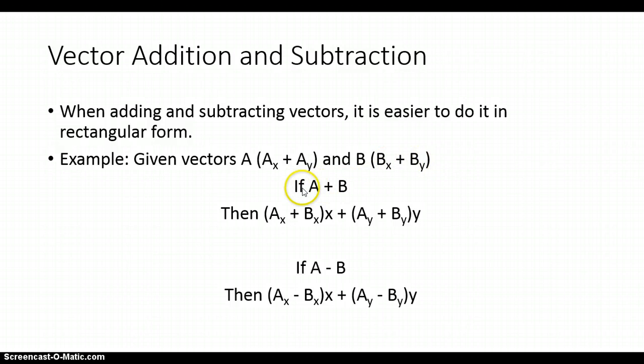So if you're asked to add A plus B, you take the x component of each of those vectors and add those together, and you take the y component of each and add those together. What if you're asked to subtract the two, A minus B? Well, you take the x components and subtract them, and you take the y components and subtract those also, and that will give you your result.